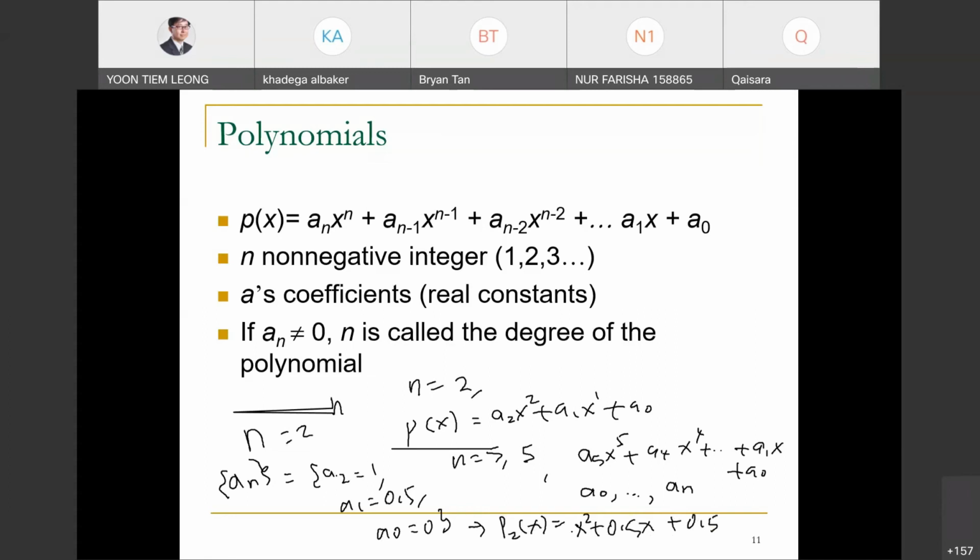So importantly, to specify a polynomial function, you have to specify the value of the degree and also the set of all the coefficients in the polynomial. Once these numbers a2, a1, a0 are given, then the polynomial is completely specified.